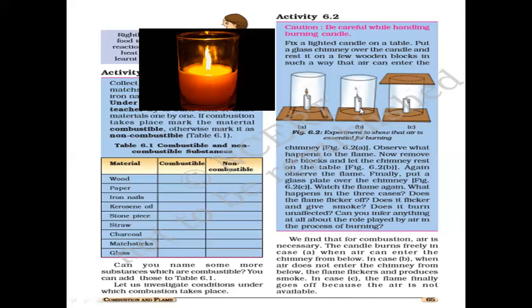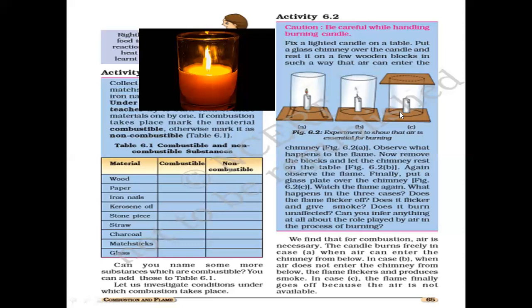So in this case, what we saw? कैंडल तो बंद हो जाती है, उसका फ्लेम बंद होता है और थोड़ा थोड़ा सा धुआं धुआं सा निकल आता है. क्यों निकल आ रहा है, क्यों बंद हो रहा है? क्योंकि अभी हमने सप्लाई ऑफ एयर को कट कर दिया. क्यों? क्योंकि हमने इन दो जो वुड के पीसेस थे उन दोनों को निकाल दिया. Now what happened is there is no supply of air and therefore the flame is not burning.